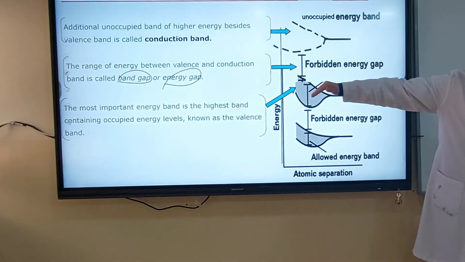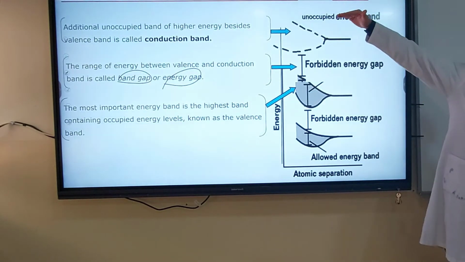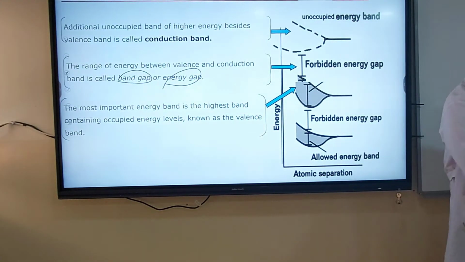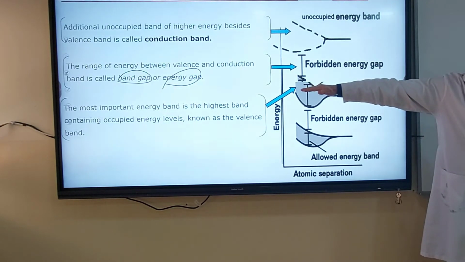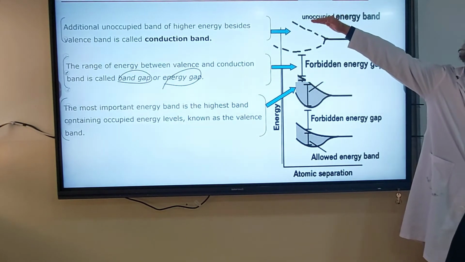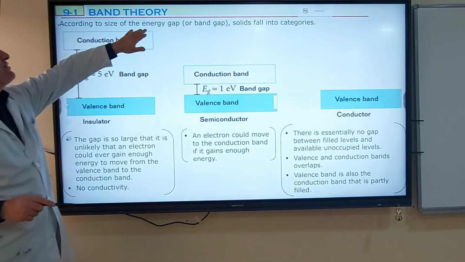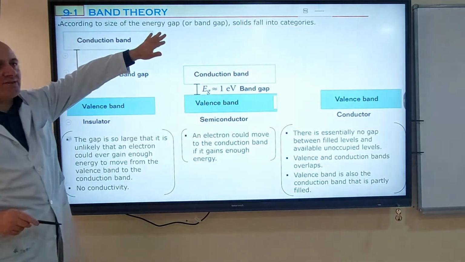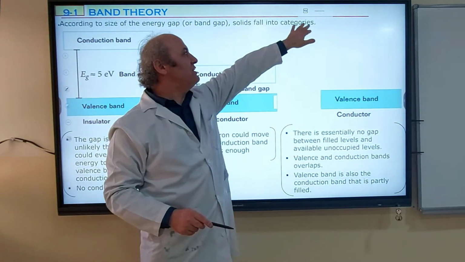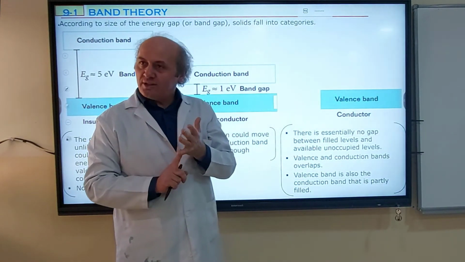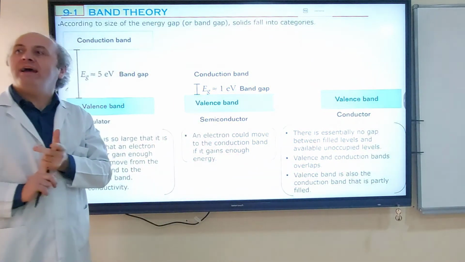Valence, which is the highest occupied one, because there are lower ones as well, but we don't care about the lowest. We care about the highest occupied one, which is called valence, and the next one, conduction. Solids, according to the size of the energy gap, the band gap, fall into categories of insulator, semiconductor, and conductor.